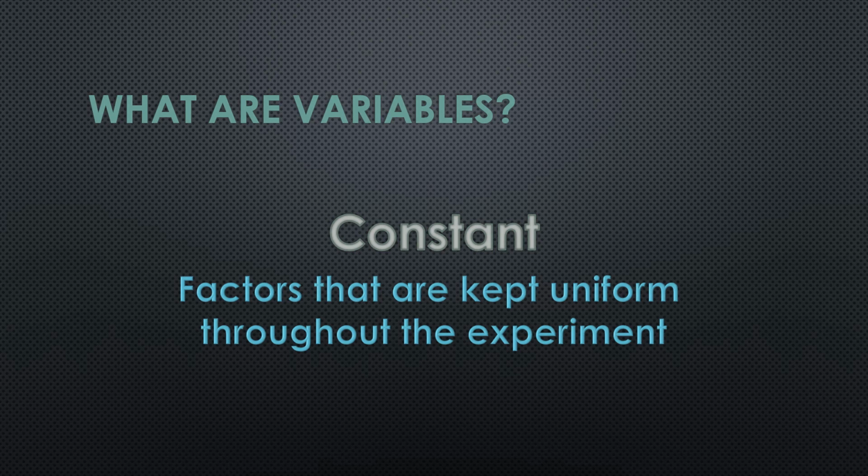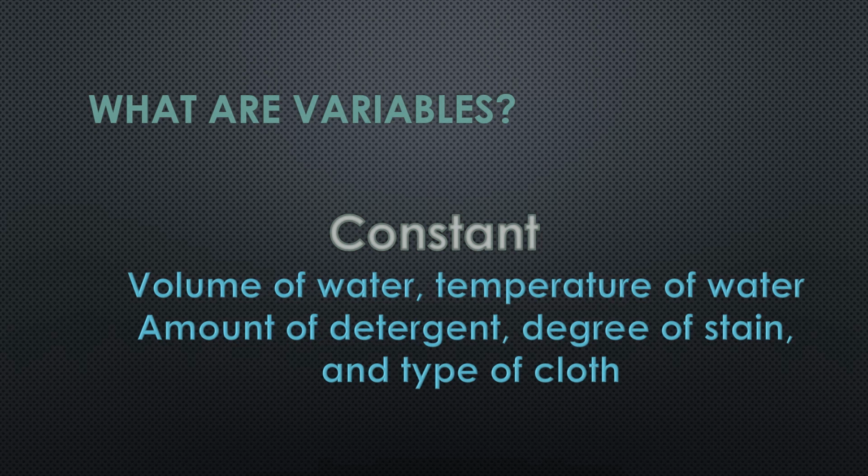We have the volume of water, temperature of water, amount of detergent, degree of stain, soaking time, and the type of cloth. These constant variables are very important in order to test and to determine or find out the effectiveness of the manipulated variable.